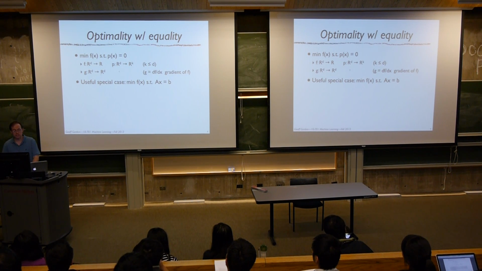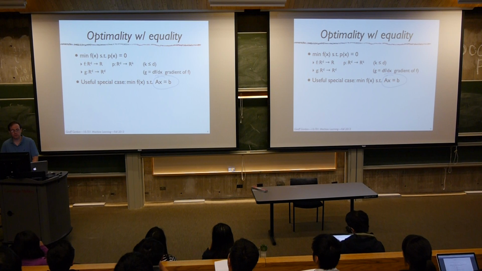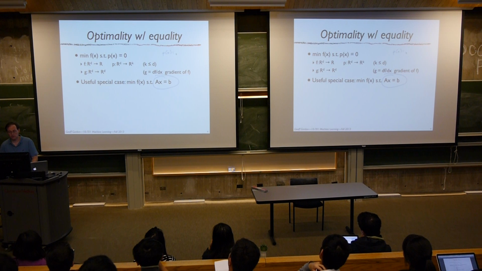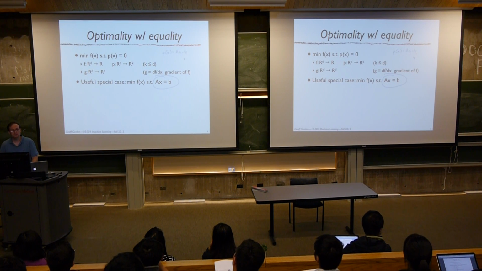We're going to define g to be the gradient of f. It takes x, which is a d-dimensional vector, and returns the gradient, which is another d-dimensional vector. We're going to start by looking at a useful special case: Ax equal to b instead of p of x equal to 0. That's the same as setting p of x equal to Ax minus b.